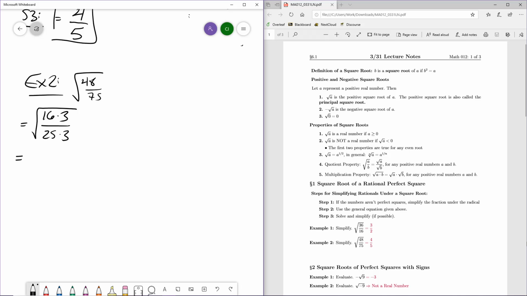Then if you want, you can immediately tell me this is the square root of 16 over the square root of 25, which is 4 over 5. If it makes you more comfortable, we can add one more step, which would be simplifying this to the square root of 16 over 25. It is up to you, but this is the minimum amount of work I expect from you guys.